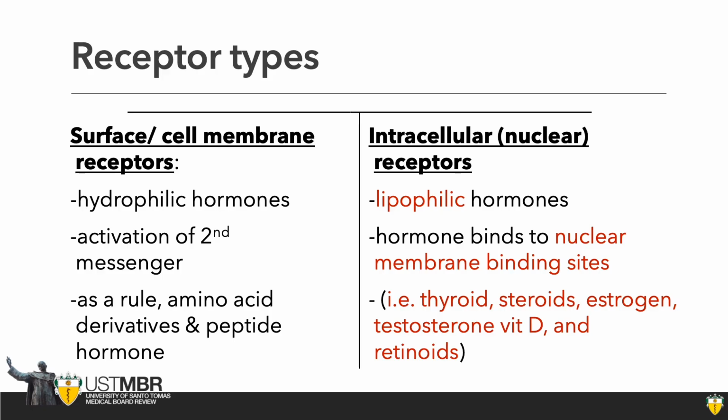If you're going to memorize, just memorize the ones on the right side: thyroid hormone, steroid hormones including estrogen, testosterone, and cortisol, vitamin D, and vitamin A. These are the three general groups. The steroid hormones, thyroid hormone, and the vitamins are the ones that are lipophilic and cross the cellular membrane to reach the nuclear membrane where the receptors are located.